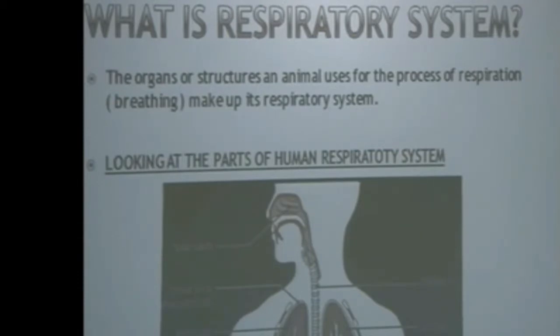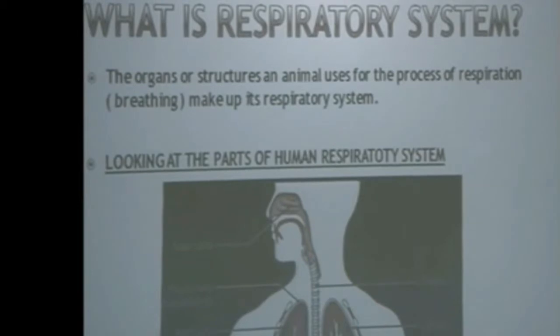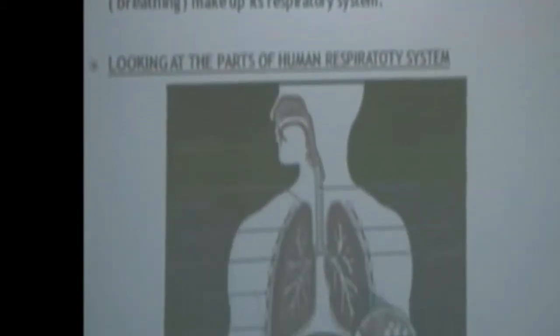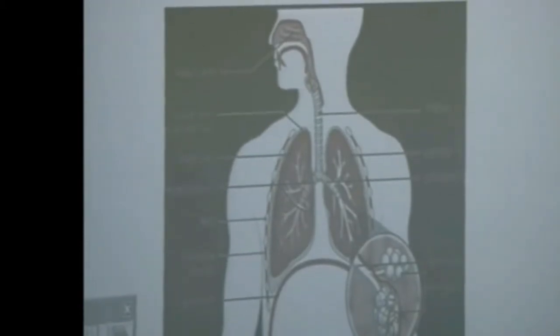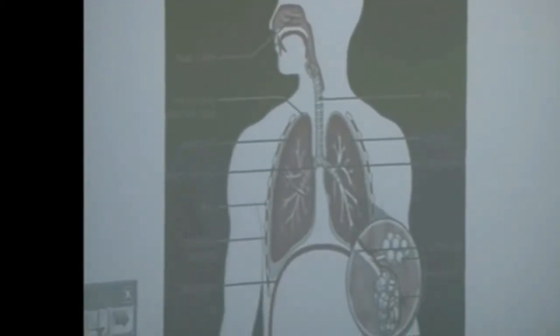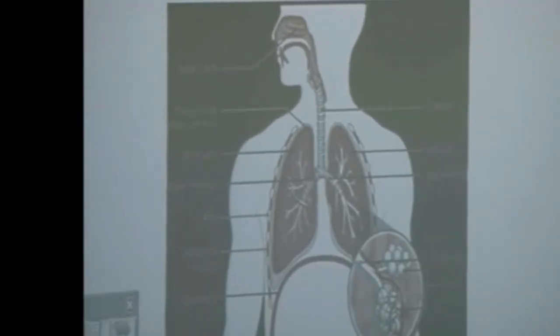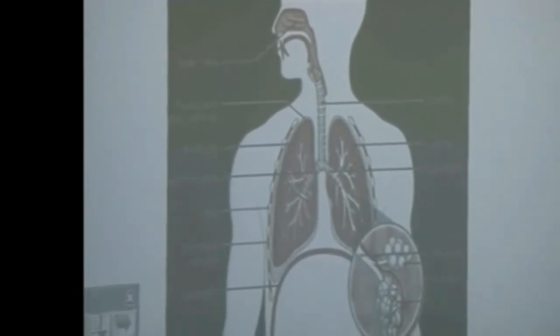Now, looking at the parts of the human respiratory system, we have the picture of the human respiratory system on the board. We are going to pick them one by one. But let me quickly explain that air comes in through the nasal cavity. It passes through the trachea.